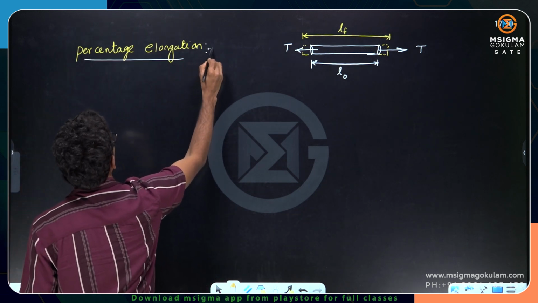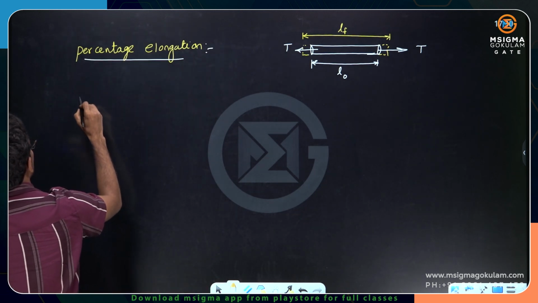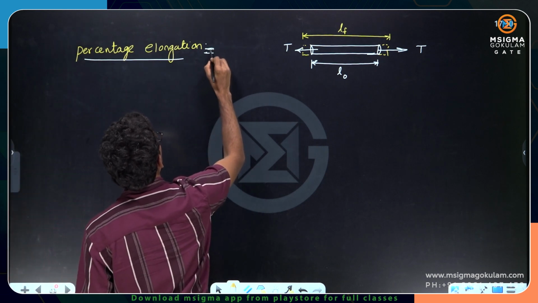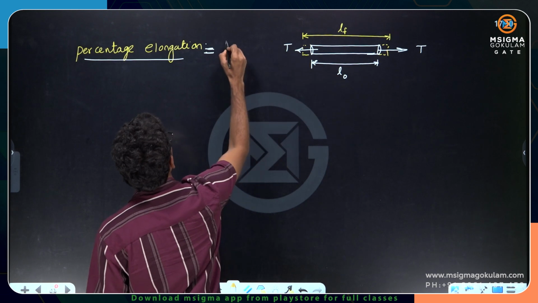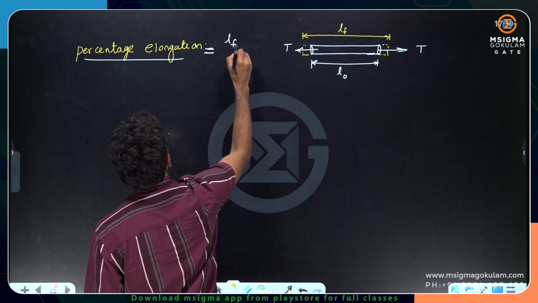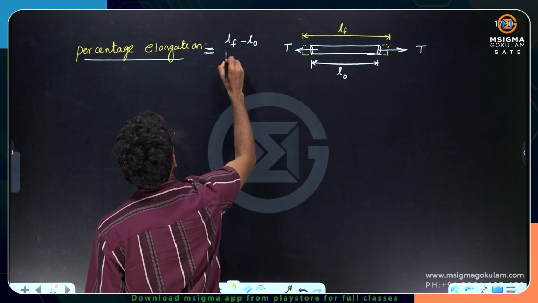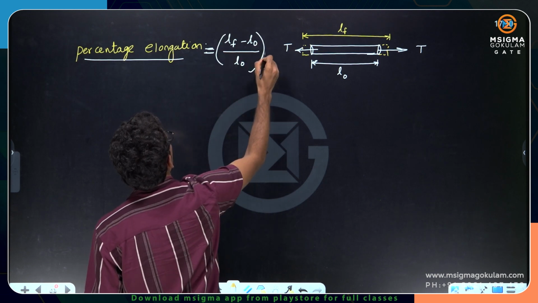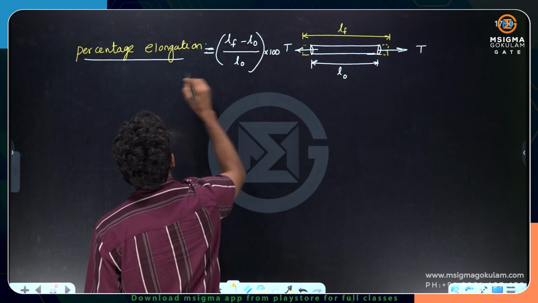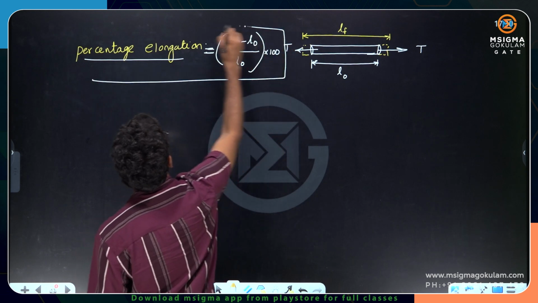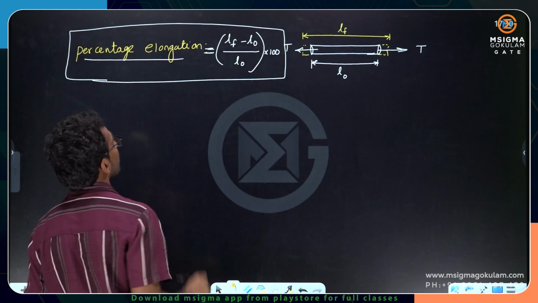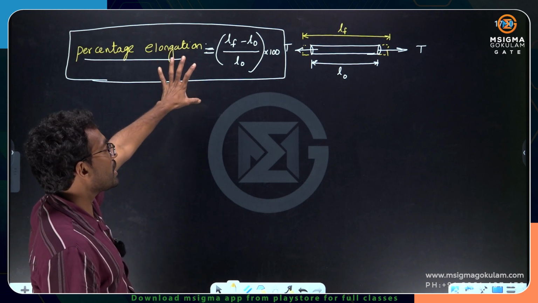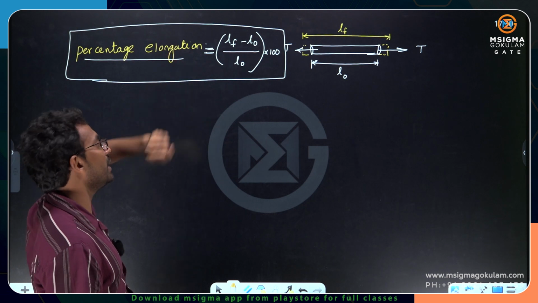So what is the percentage elongation? The percentage elongation is equal to the change in length, so final length minus initial length by initial length into 100, that will give you the percentage elongation. This percentage elongation we are taking as a measure of nature of the material.